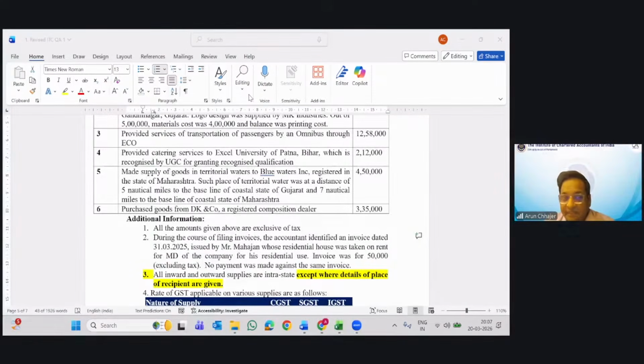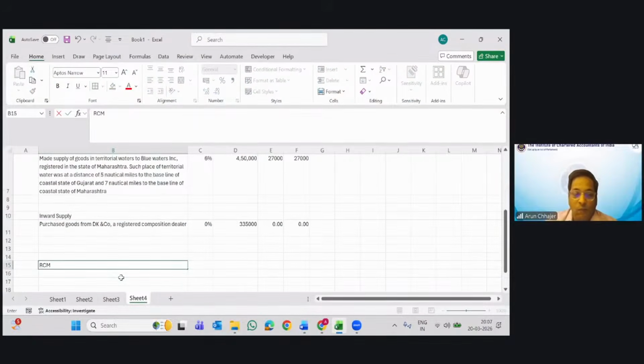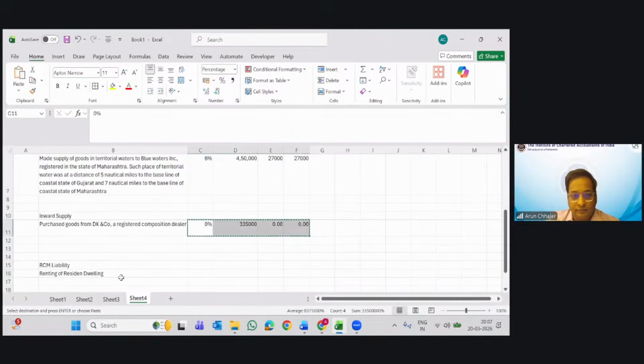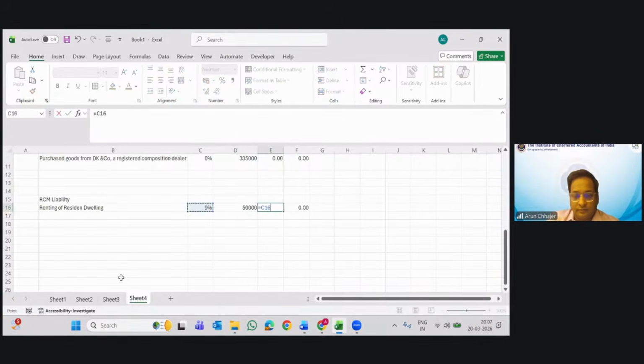Can we say that this company needs to pay the tax under RCM on this 50,000? So the company needs to pay the tax.